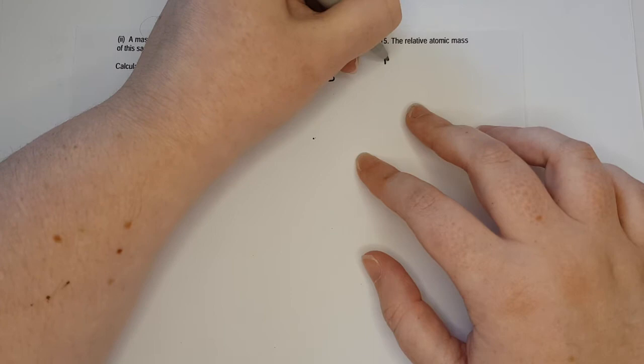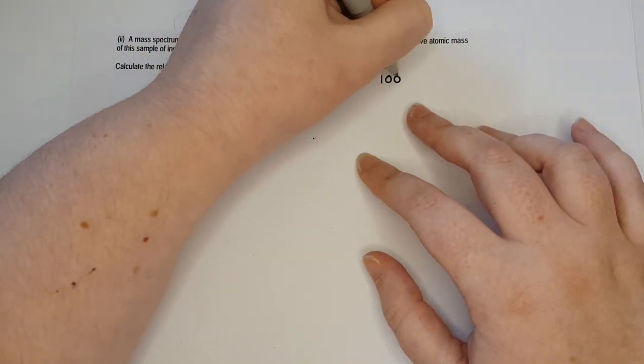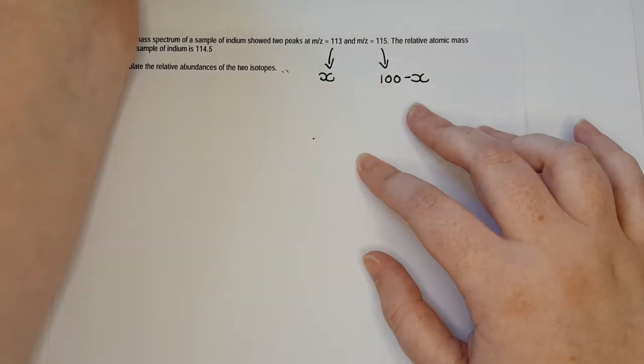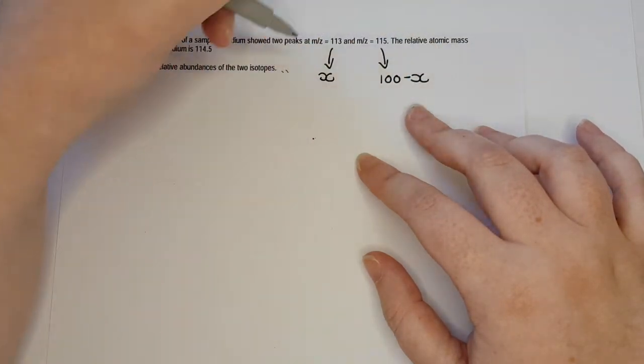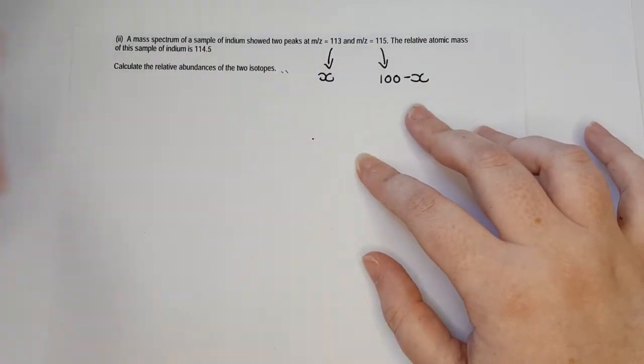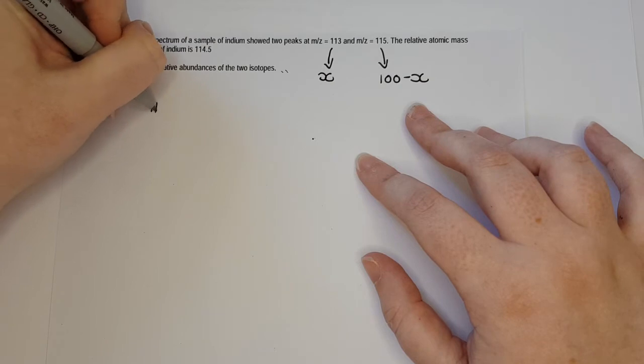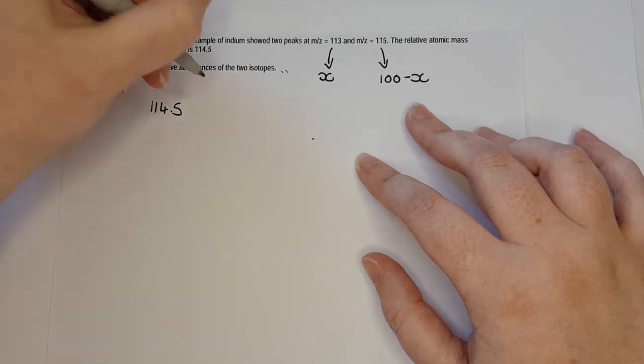That means for this one, the percentage abundance would be 100 minus x, because the total of them must add up to 100.